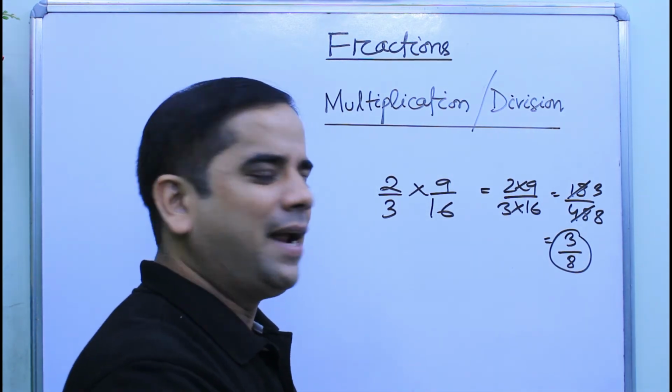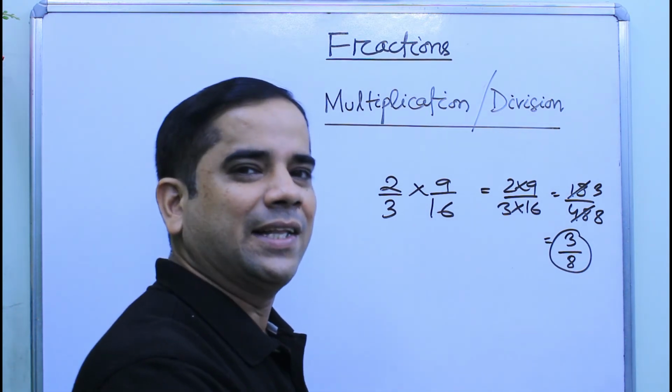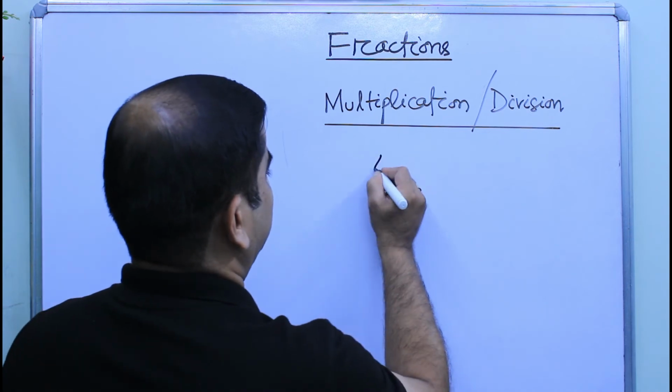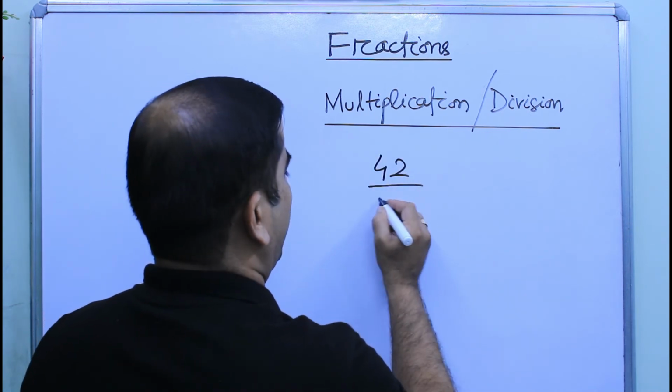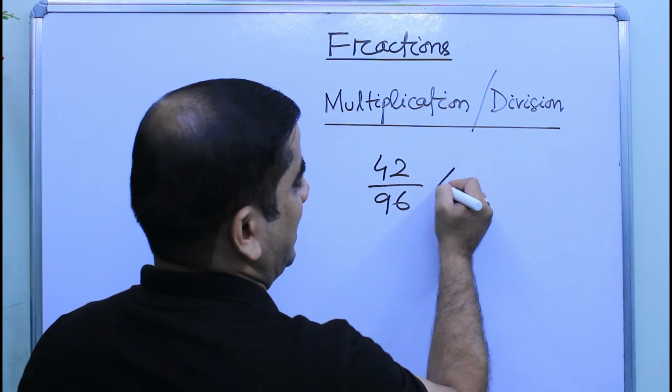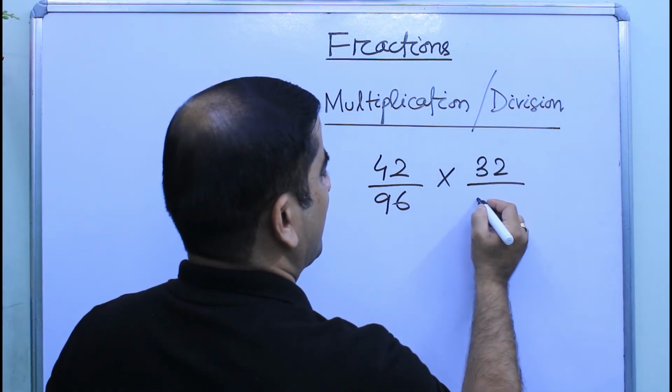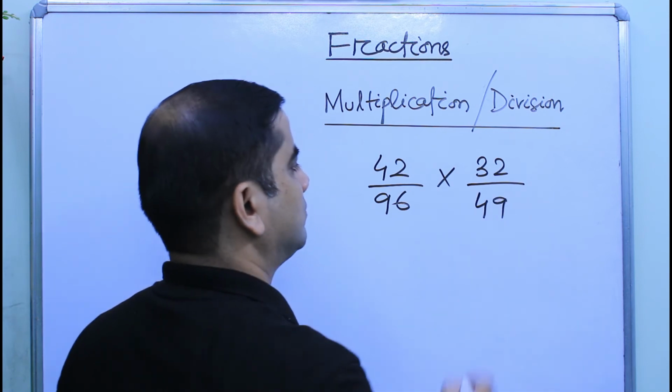Why? Let me make you understand with another example. Okay. Students, suppose we have fractions 42 by 96 into 32 by 49.